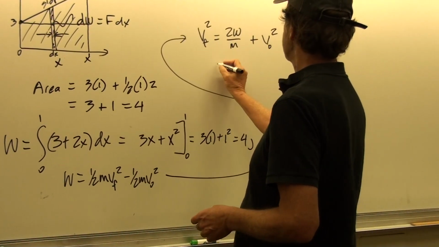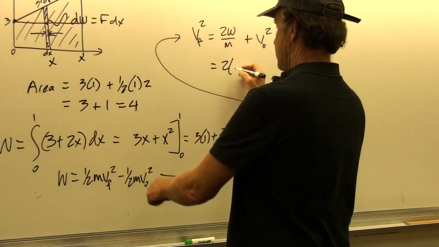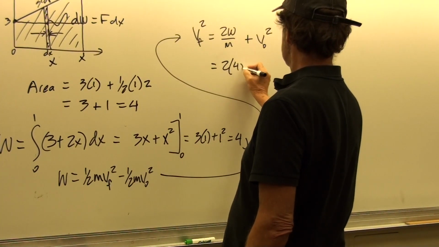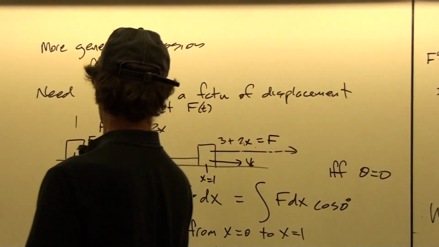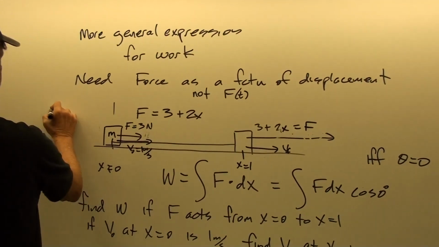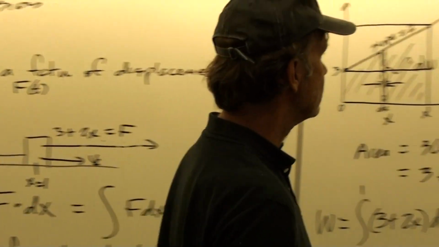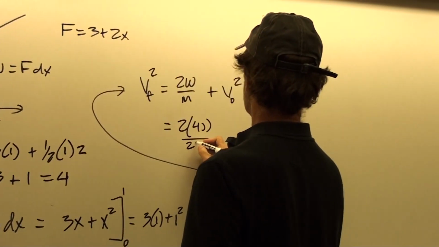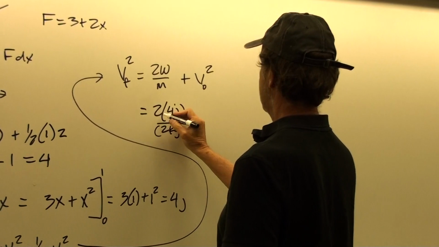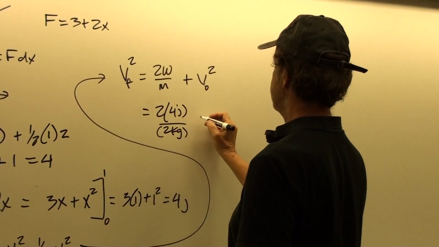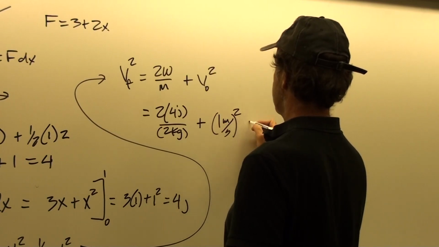So v final squared then is going to be 2 times W, which we got was 4 joules, divided by m. So let's say that in this problem our mass is 2 kilograms. We have 2 times 4 joules divided by 2 kilograms plus 1 meter per second squared.